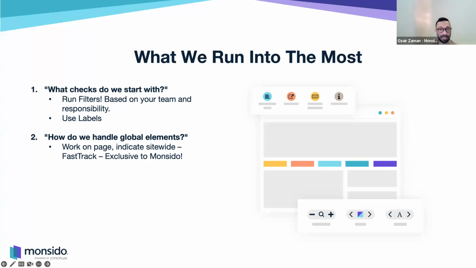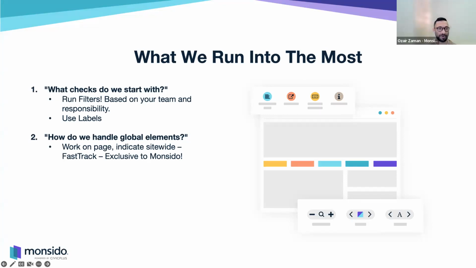You indicate it using Fast Track, and that multiplies your action across all of your website. So it's a really good way to compound your work. You work locally at a single snippet level, and when you're ready to make a decision, Fast Track covers all the pages. That's a really good way to leverage your time with Monsido.